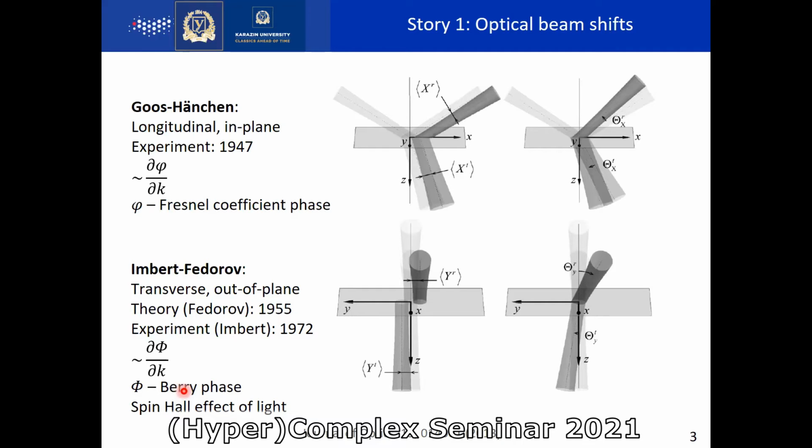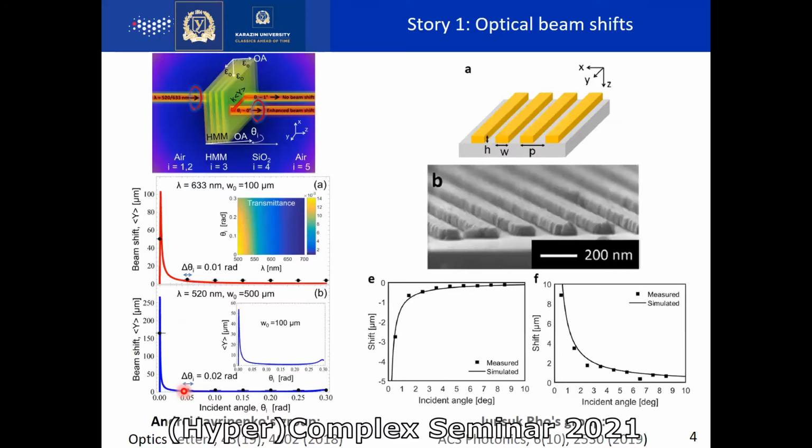So these are separate phenomena. However, there are several recent experiments which have shown anomalously large shifts at near normal incidence, when the angle of incidence is just several tenths of a degree, or at least less than 1 degree. And the existing theory does not explain this.